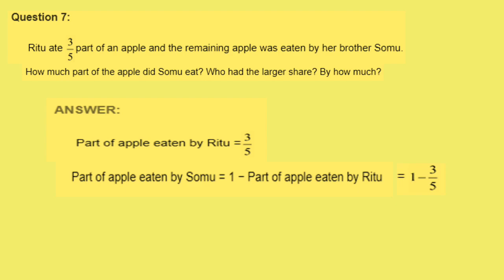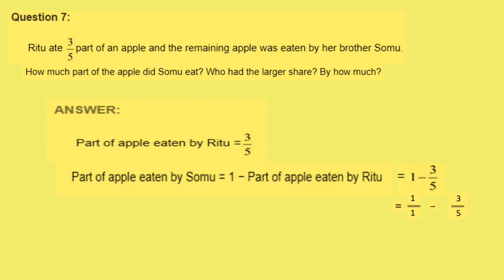Look here, one whole number is there and one fraction. We have to subtract these two, so for that we have to convert the whole number into a fraction. If there is no denominator, put 1, like this: 1/1 minus 3/5.